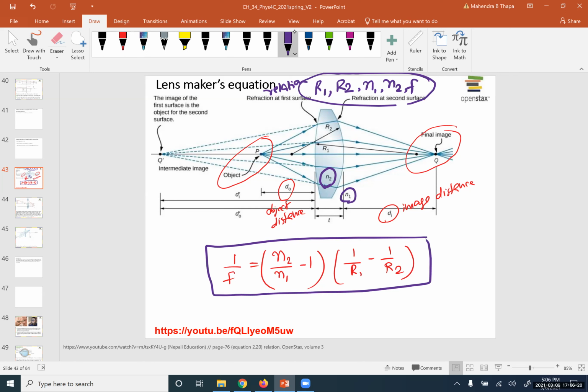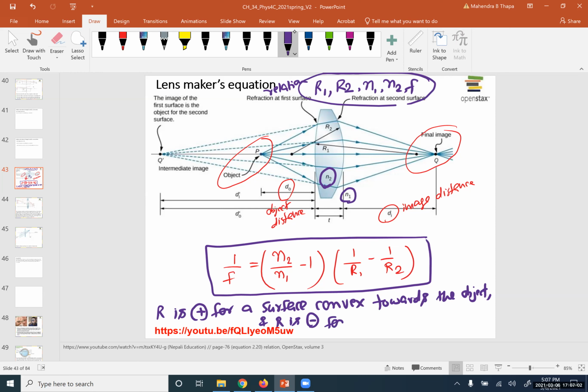We consider R positive for a surface convex towards the object, and R negative for a surface concave towards the object.